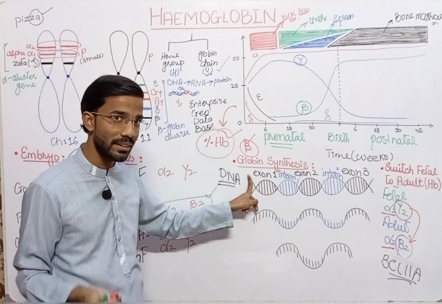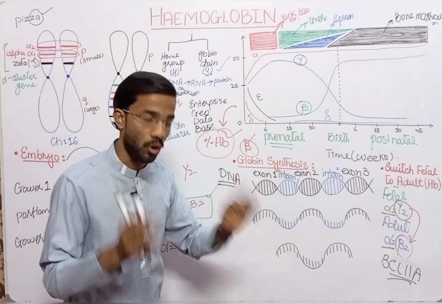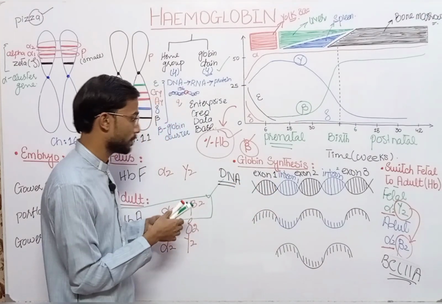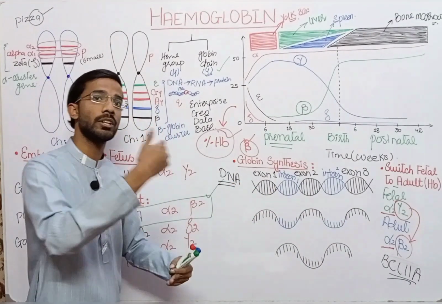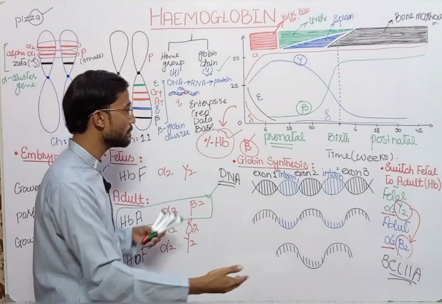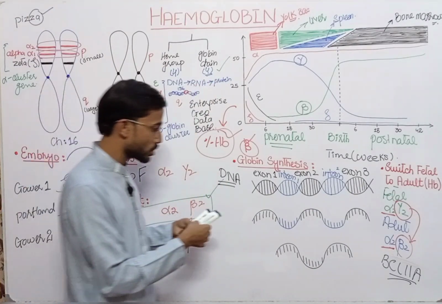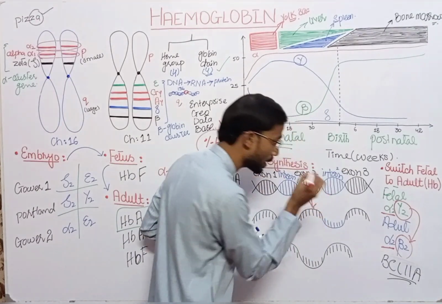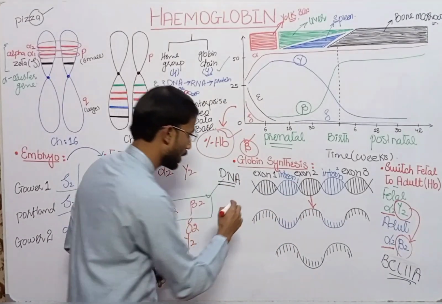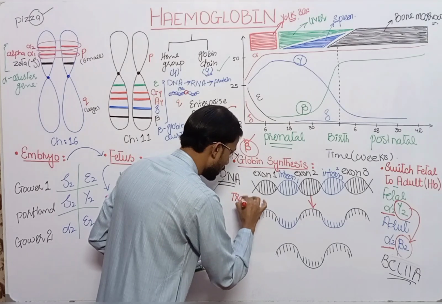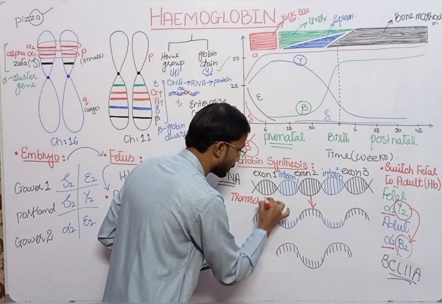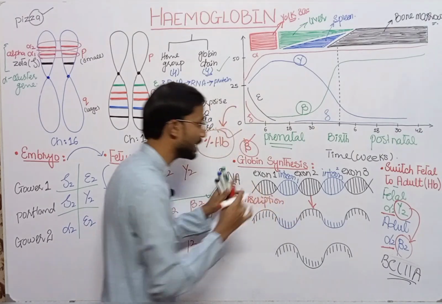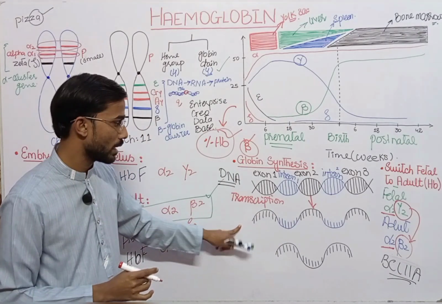Exon is the coding region and intron is the non-coding region. As we discussed, DNA is converted into RNA, and RNA is converted into protein. This step is transcription, the conversion of DNA into RNA.